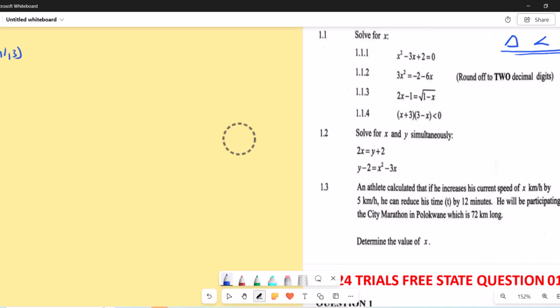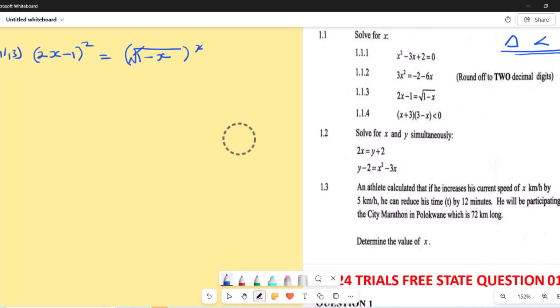Now to remove the square root, we do what? We square both sides. Square this side, also square this side.